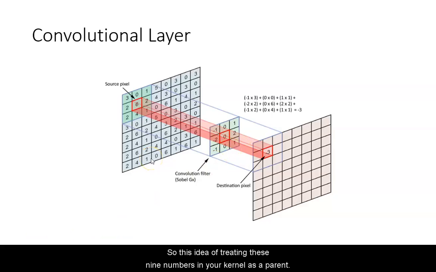So this idea of treating these 9 numbers in your kernel as parameters to be learned has been one of the most powerful ideas in computer vision.